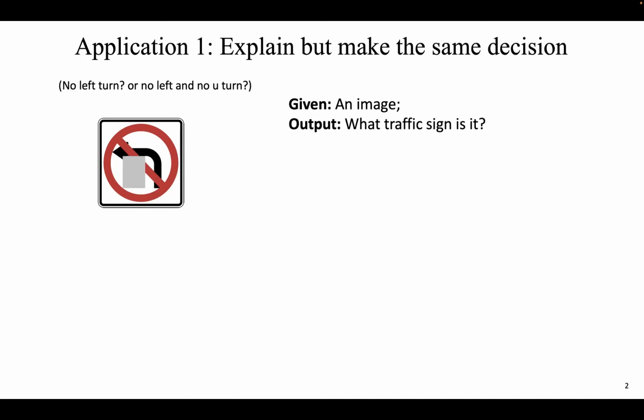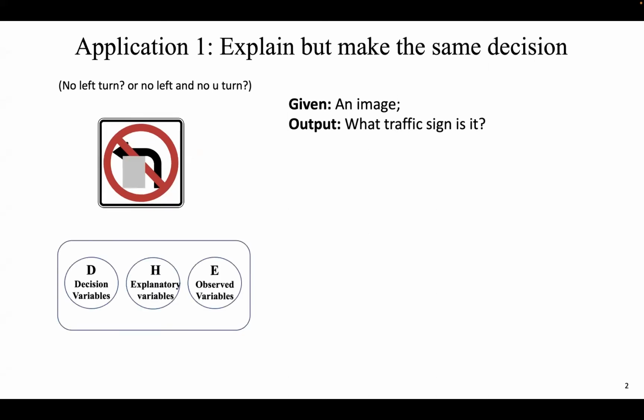But your task now is also to explain why you made this decision. The explanation can be visual, where you complete the image by filling in the gray patch. The explanation might be: I classified this image as no left turn and no U-turn because if I had completed the image, it would have looked something like that.